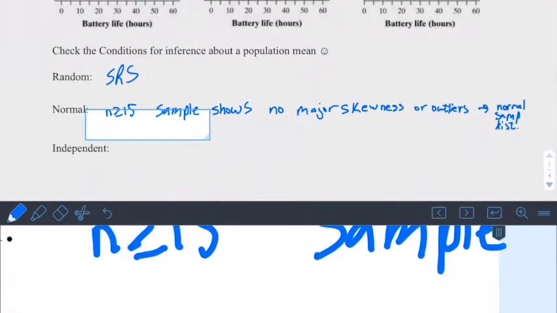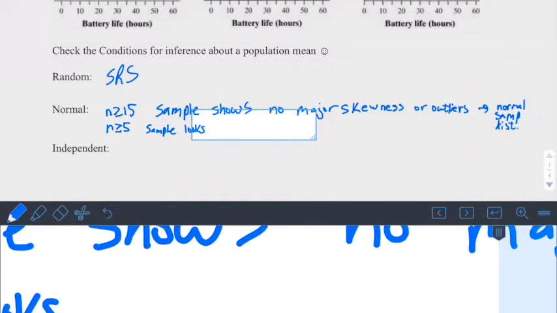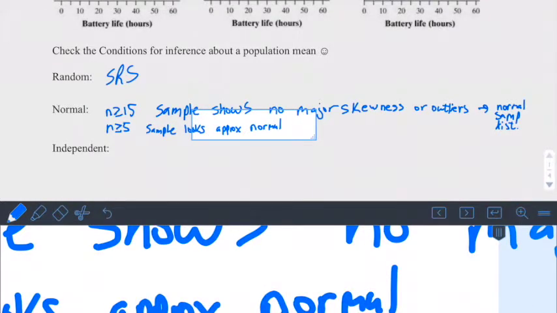Or here's another new one. If n is greater than or equal to 5, if our sample has a normal looking distribution, then that's okay as well.